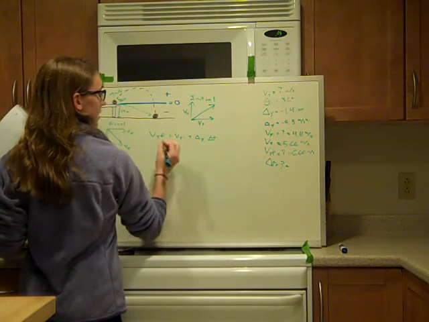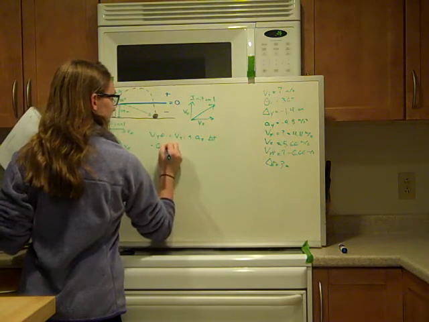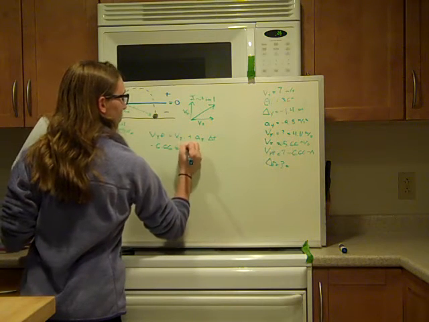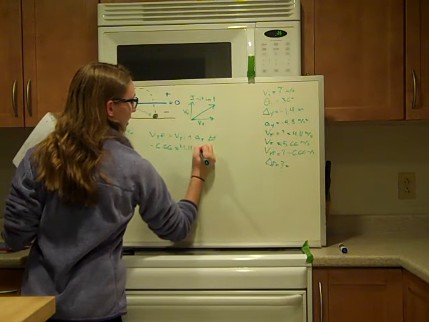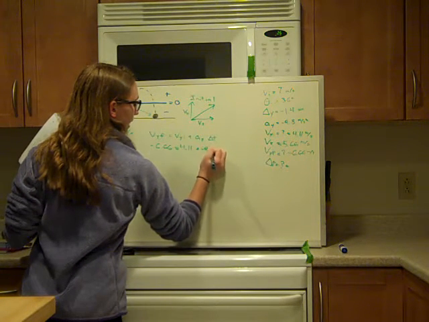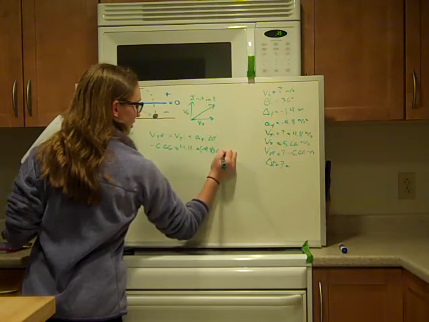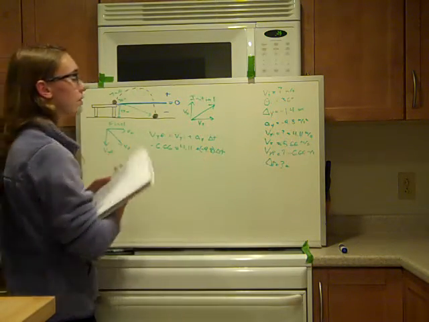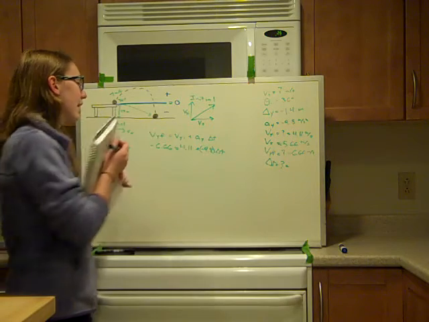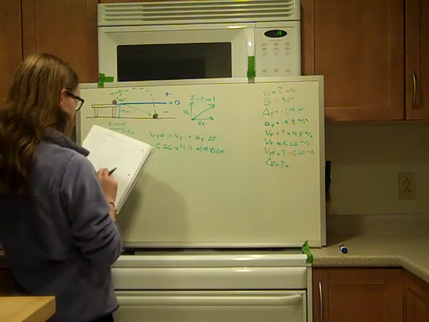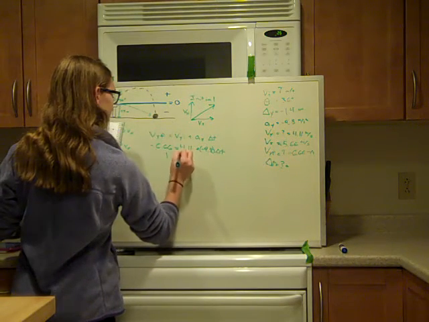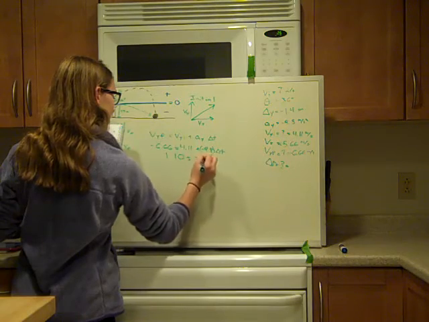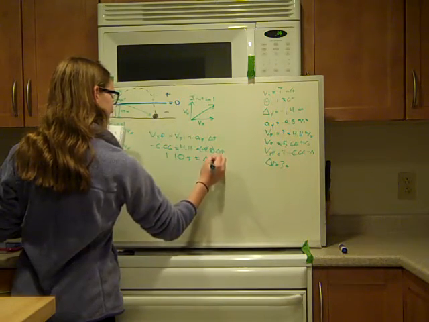So you do all this out: vyf is negative 6.66, which equals vyi, 4.11, plus negative 9.8 times delta t. You do all this algebra, you isolate the t until you get 1.1 seconds, which equals delta t.